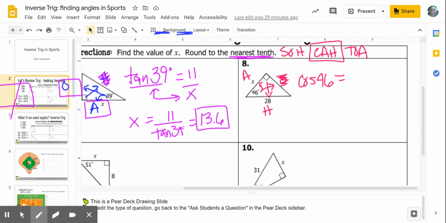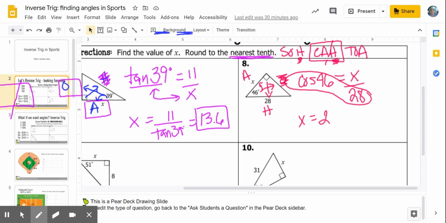And then how do I make my fraction? Is it x over 28 or 28 over x? x over 28. The hypotenuse always sinks to the bottom. So the hypotenuse is always in the denominator. Luckily here, I've got a number in the denominator. So instead of switching and dividing, I have to multiply.